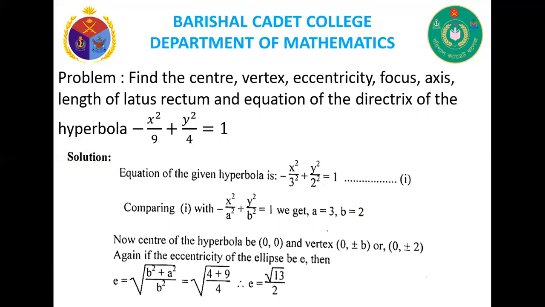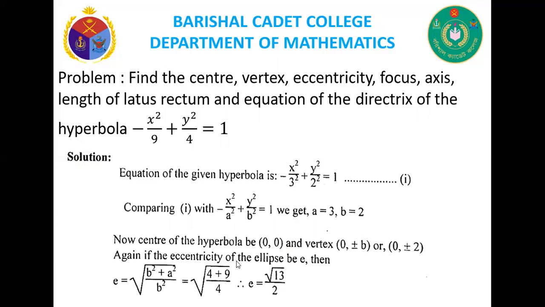Now the center of the hyperbola will be 0, 0, and the vertices will be 0, comma plus minus b. So putting the value of b, easily we can get the coordinates of the vertices are 0, comma plus minus 2.